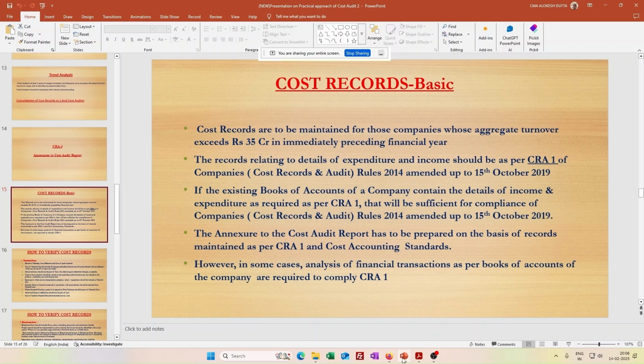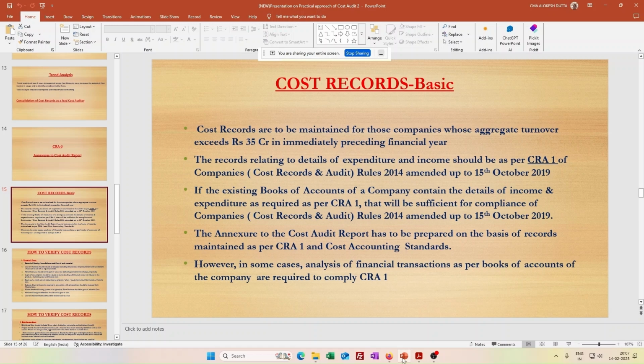After the introduction of the Companies (Cost Records and Audit) Rules 2014, the cost accounting record rules, except for a few industries, have been abolished. Now everything should be prepared, except for a few industries, as per CRA 1. It is common for everybody.